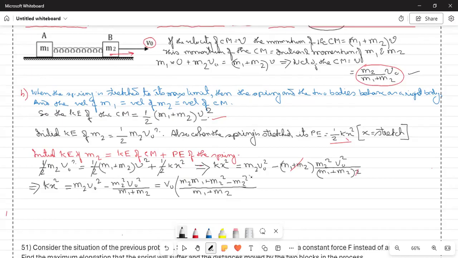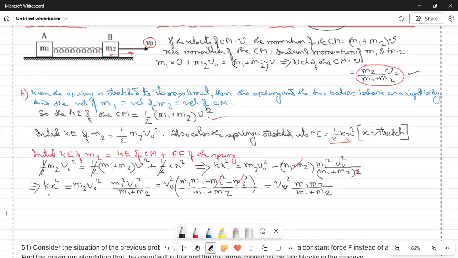This plus M2 square and minus M2 square get cancelled. So what we have is V0 square into M1 M2 divided by M1 plus M2.